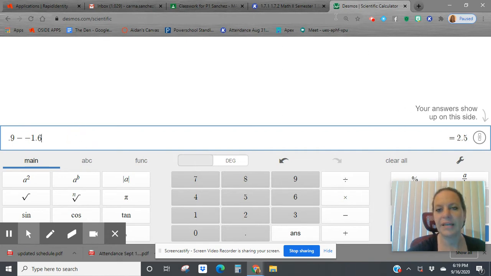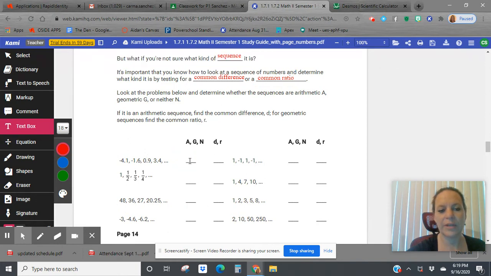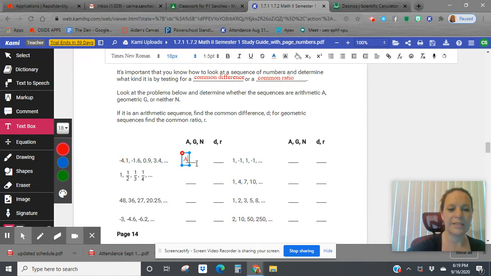And that gives us the same 2.5 that we just got when we subtracted the other. This one is an arithmetic sequence because the common difference, which we're going to use a lowercase letter d, equals 2.5. That's how it's growing each time.